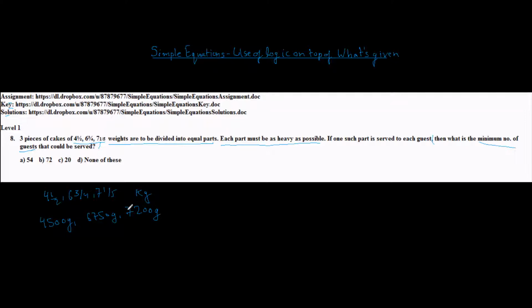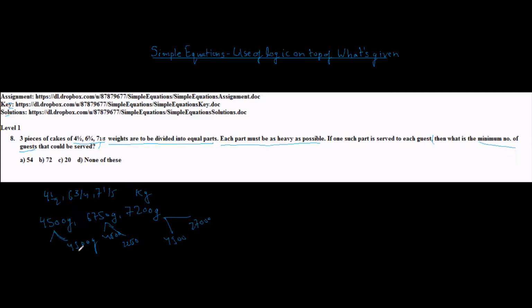So now we have to divide them among equal parts. That is the first thing. So suppose I divide this cake in one part, that is of 4500 grams. Then in that case I will have to have this cake divided in 4500 and 2250, and this cake in two parts, that is 4500 and 2700 grams.